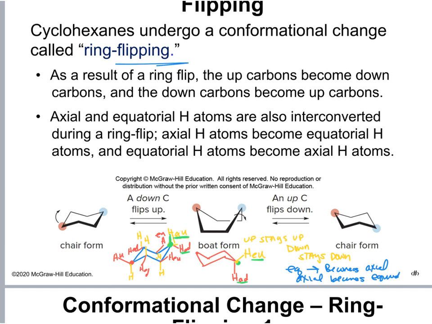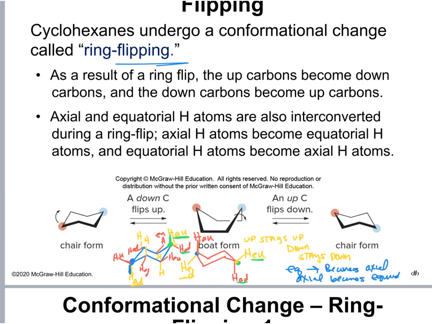Let's look at this carbon here. Okay, so this hydrogen here is axial down, and now the red carbon with equatorial up becomes axial up, and the yellow hydrogen becomes equatorial down.